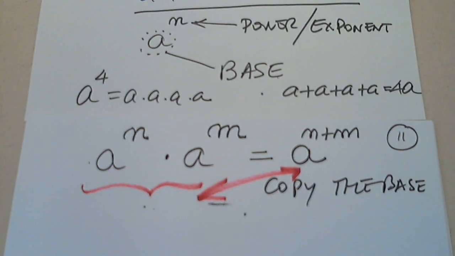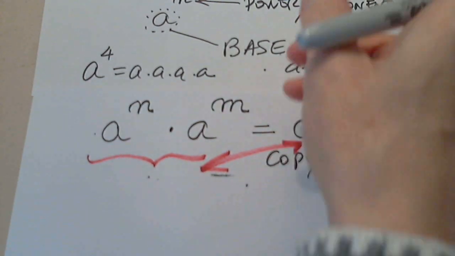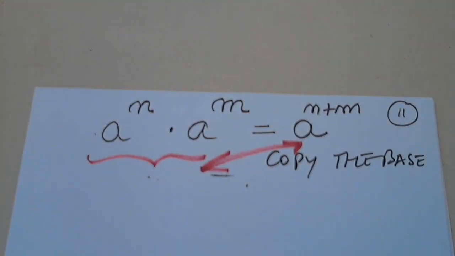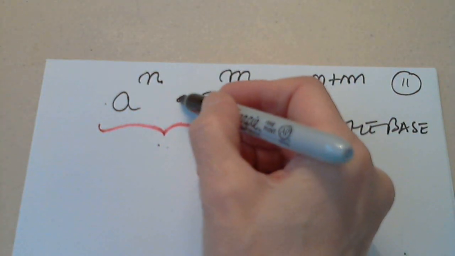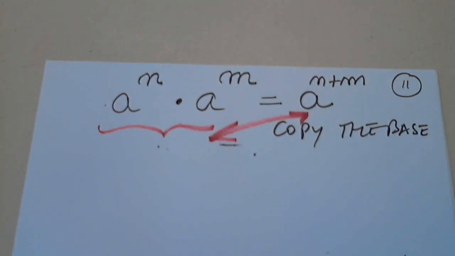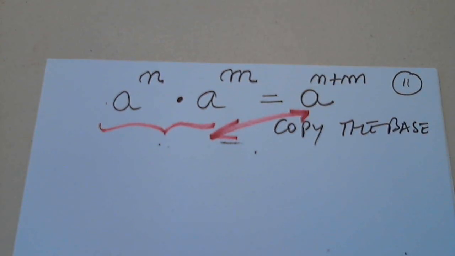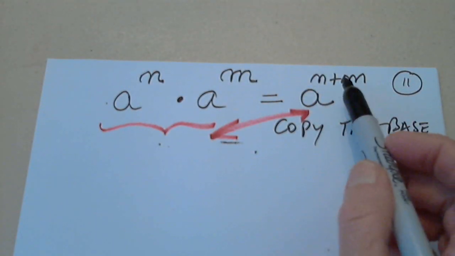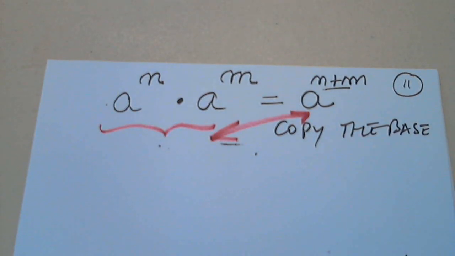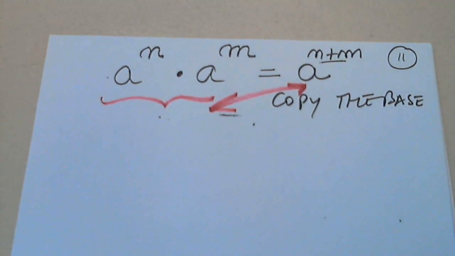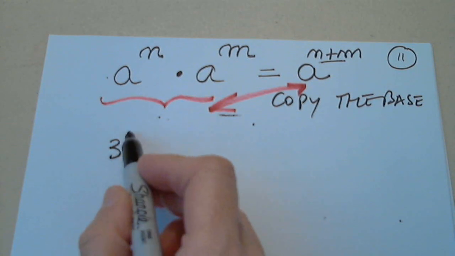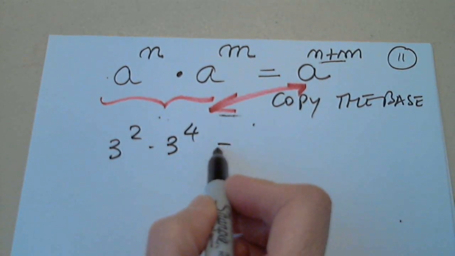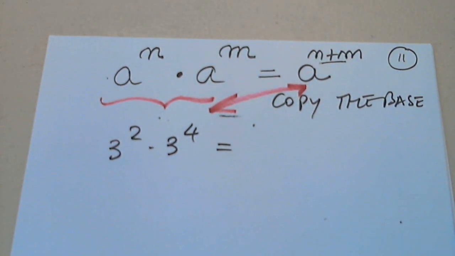Okay, next. So again, how do we remember this? When we multiply exponential notations with the same base and maybe different exponents, we copy the base and add the exponents. Example, 3 squared times 3 to the 4th. How much will that be? Give it a shot.